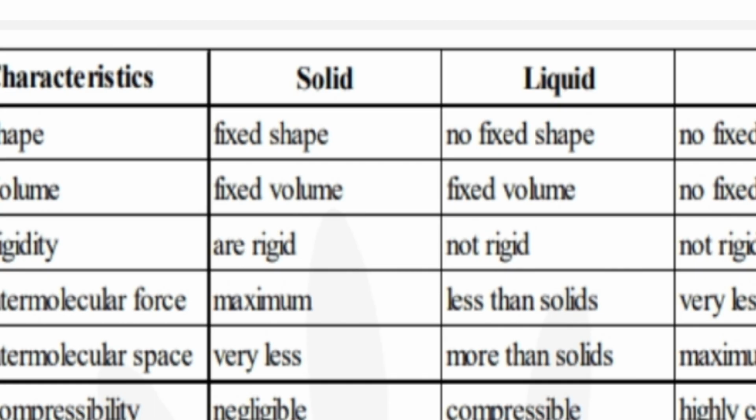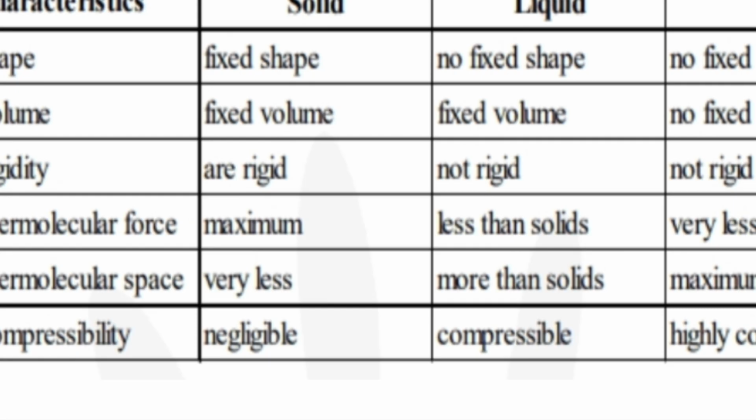Intermolecular forces. In solids, you have maximum intermolecular forces, that is, forces of attraction. But in liquids, compared to solids, there is lesser intermolecular force. In gas, very little intermolecular force. Intermolecular space is very small in solids, more than solids in liquids, and maximum in gas.